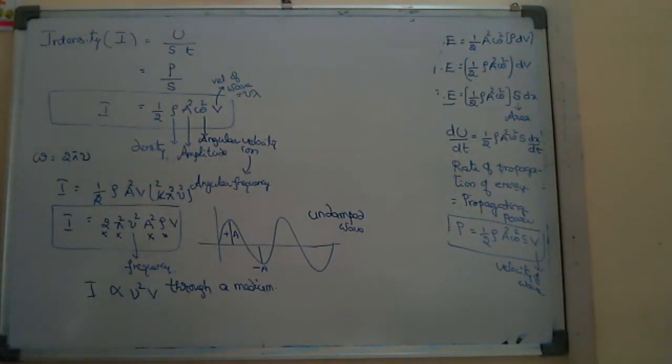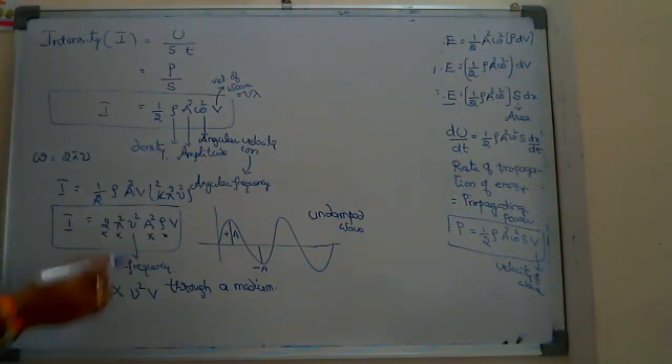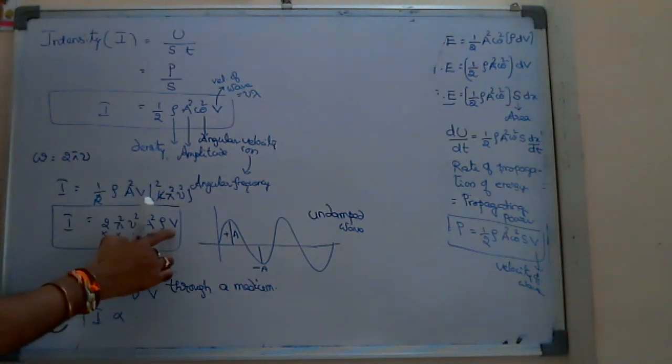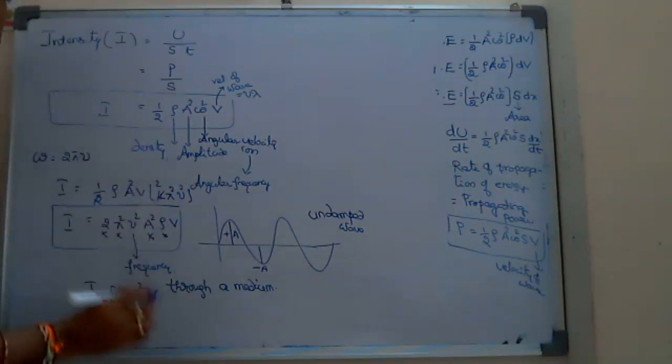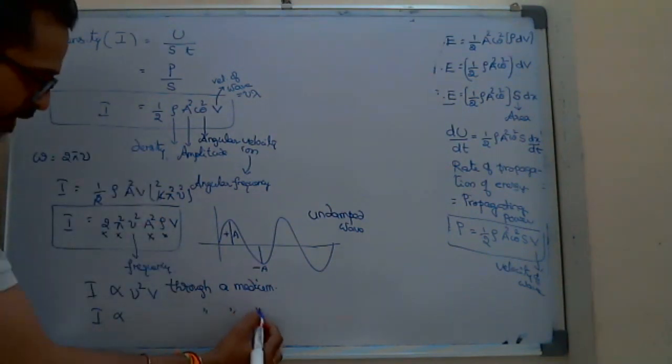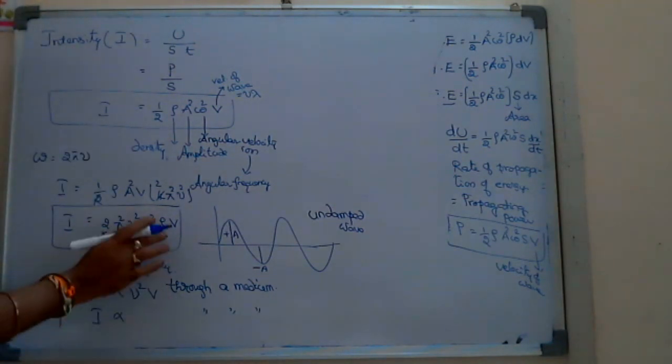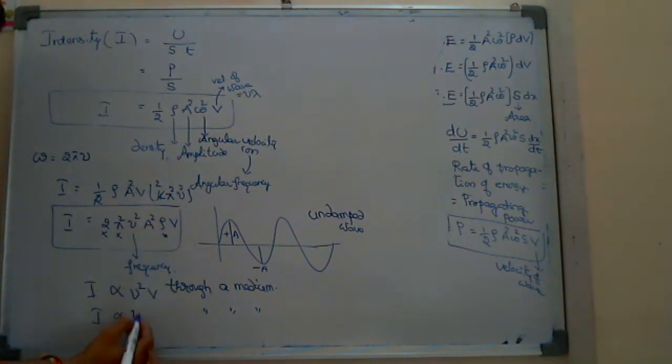Suppose you try to change the amplitude in the wave, shaping the string, that is your wish. You are changing the amplitude in the same string with the same velocity. Then I is directly proportional to, since you are propagating with the same velocity, through a medium: 2 constant, pi square constant, rho constant, so I is proportional to a square into v.